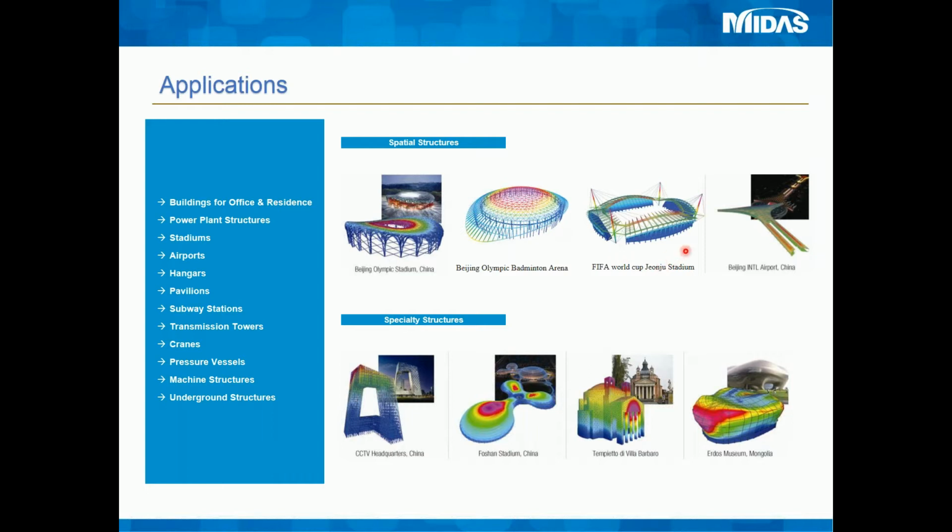Then in specialty structures, we see the Masonry Temple and the museum, which has been analyzed using complete solid elements. So MIDAS has applications not only in buildings but power plants, stadiums, airports, hangars, pavilions, subway stations, transmission towers, cranes, pressure vessels, machine structures, underground structures, and so on.